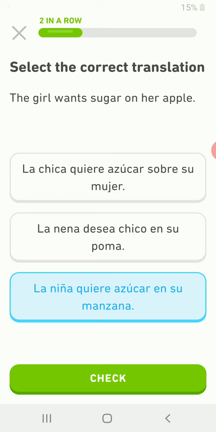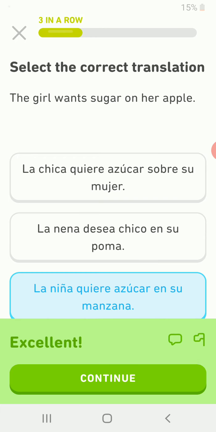Apple is manzana. An apple, una manzana. That's good. So notice here, on is en, but en can be also at a place or inside a place. But here it's on something.